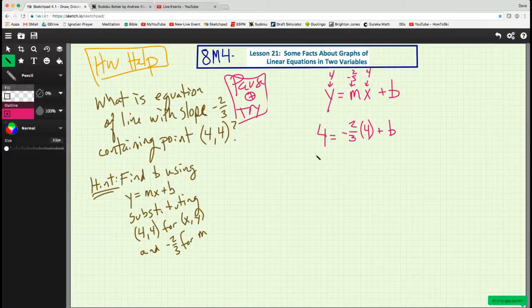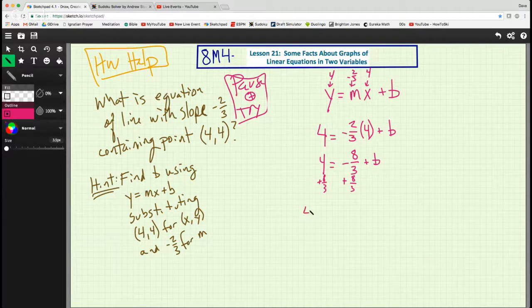We're going to end up with a fraction. So remember, we can't forget those fractions. So let's go. 4 equals -8/3 plus b. So let's add 8/3 to both sides.